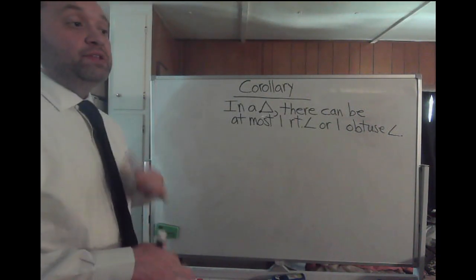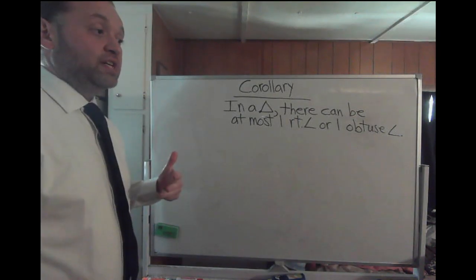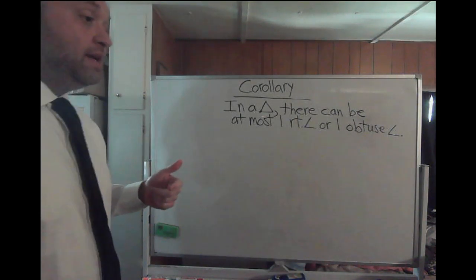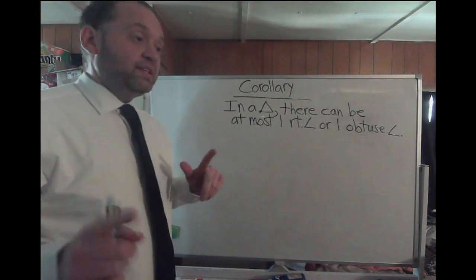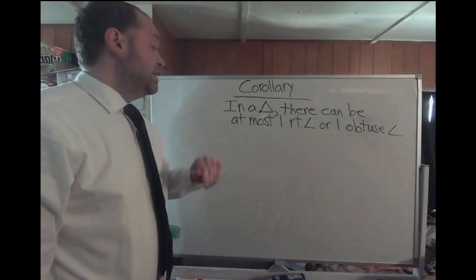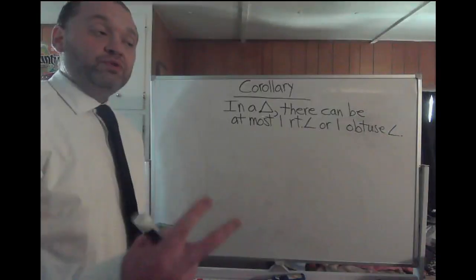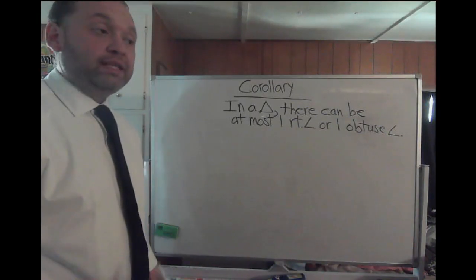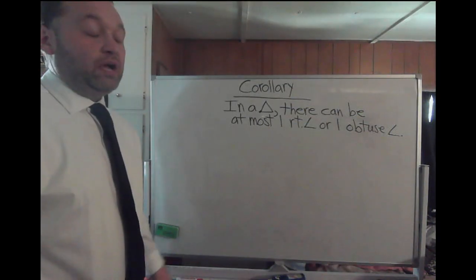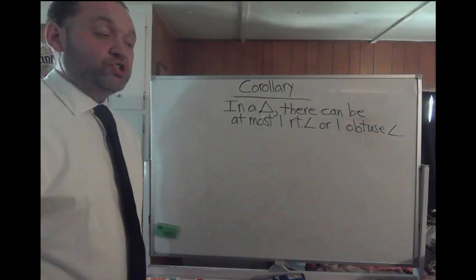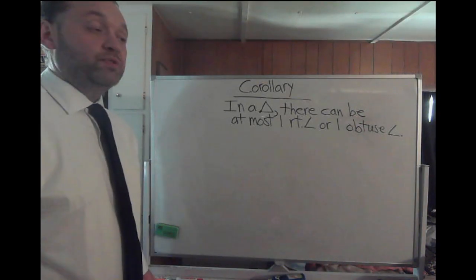Well, again, the sum of the angle measures of a triangle is 180. Hypothetically, let's entertain this for a second. Let's say I had two right angles in a triangle. Already with two angles, you're at 180, right there. Any measurement for the third angle will put you over 180. So that doesn't work.